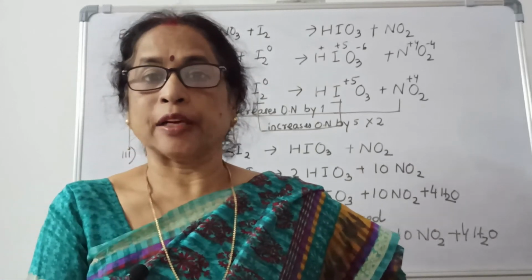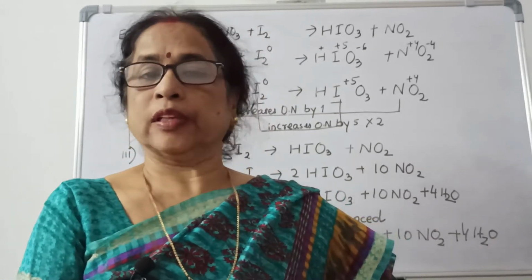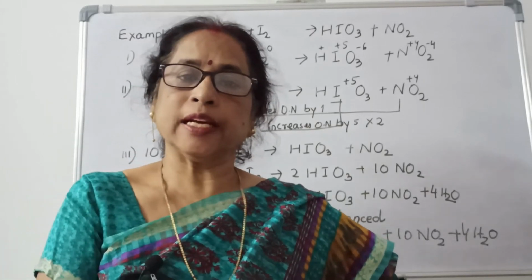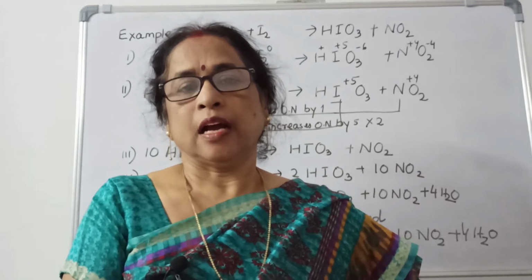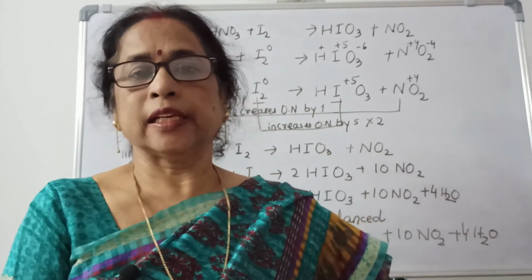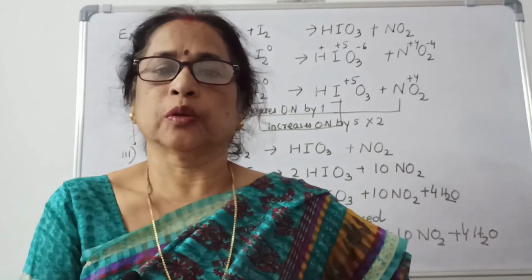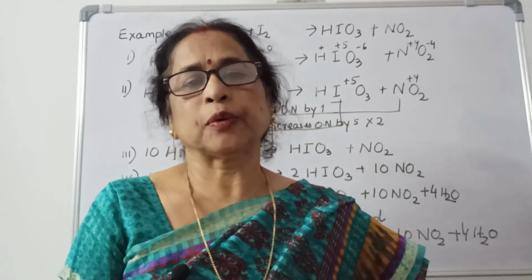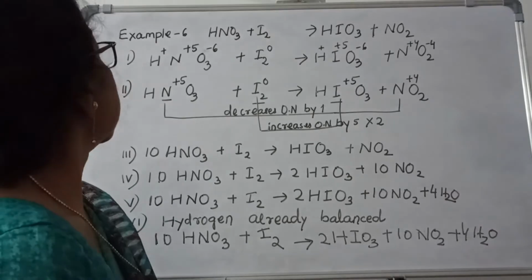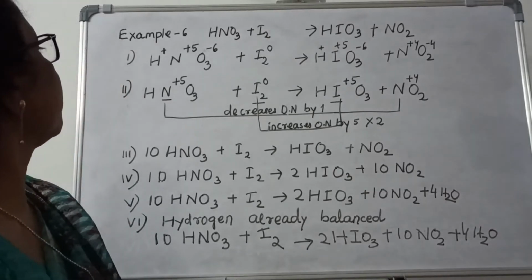By mistake I told it is on the right side, actually it should be on the left side. I hope it is clear about examples 4 and 5. Then I am going to explain example number 6.